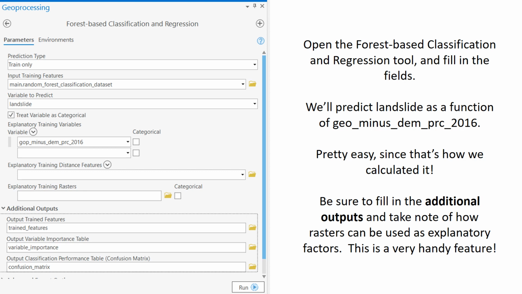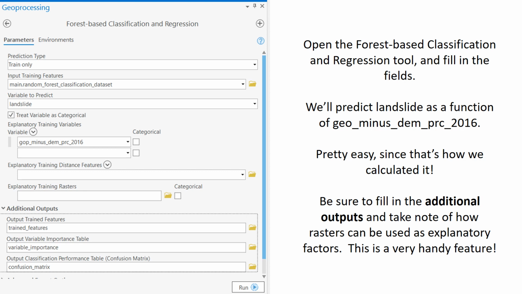So I thought it would be fun to look at how well we can predict whether a county is landslide based on, and in this case, a really interesting one, GOP minus Democrat percentage in 2016. This is the exact field that we used to predict whether it was landslide, but essentially the way that we did the calculation was GOP minus Democrat, and take the absolute value of that, and if that is greater than 20, then it's landslide.